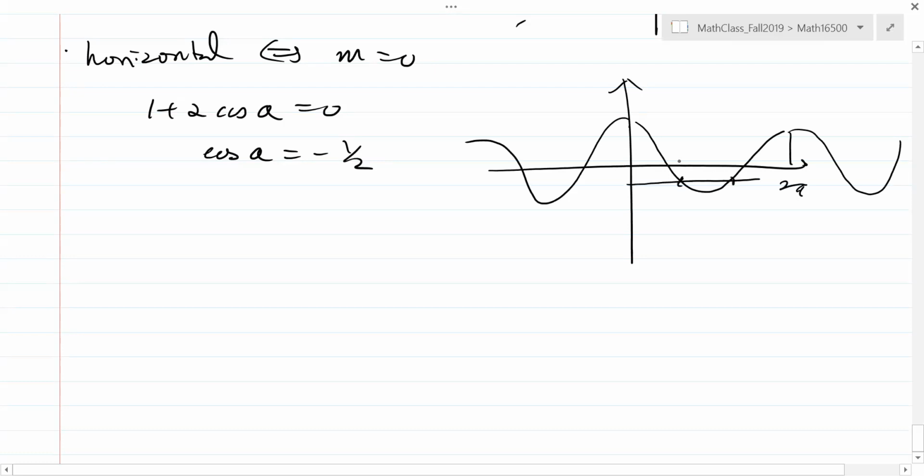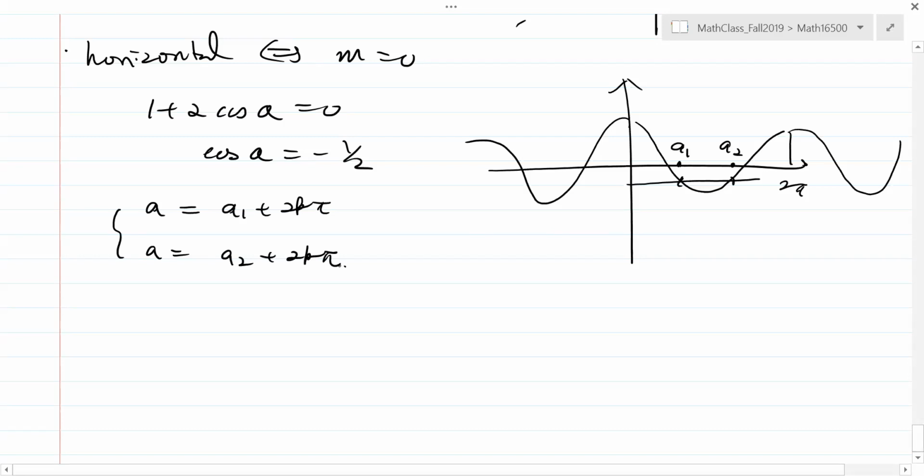So you should get two solutions, A1 and A2. If you're able to find A1 and A2, you can get all of them, because the first one is going to be A1 plus 2k pi, it's a sequence. And another solution is going to be A2 plus 2k pi. It's a periodic function. But you have to find the two solutions within the interval from 0 to 2 pi.